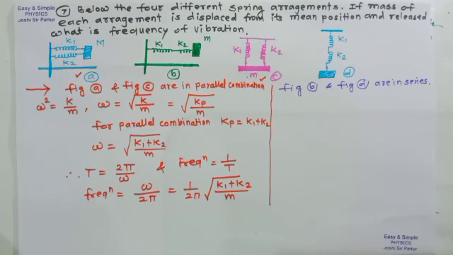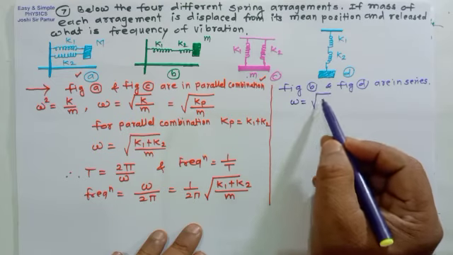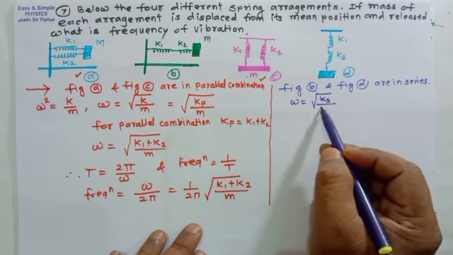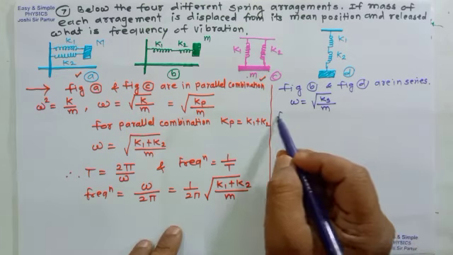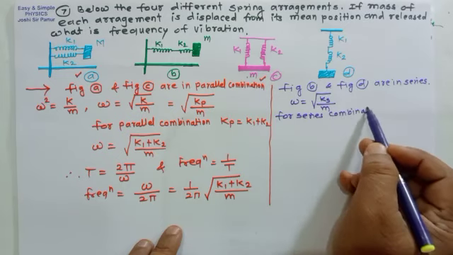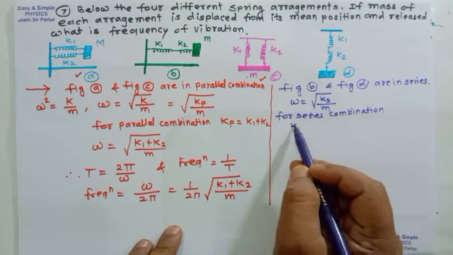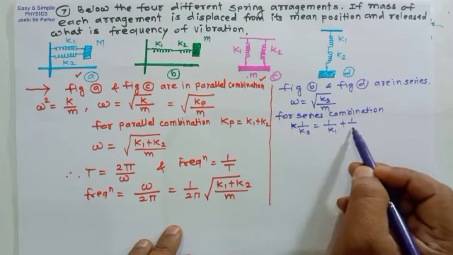And here we can find out for series combination. So first we know that omega will be K series upon M. When we can write K series upon M, we know that for series combination, one upon Ks is equal to 1 upon K1 plus 1 upon K2.